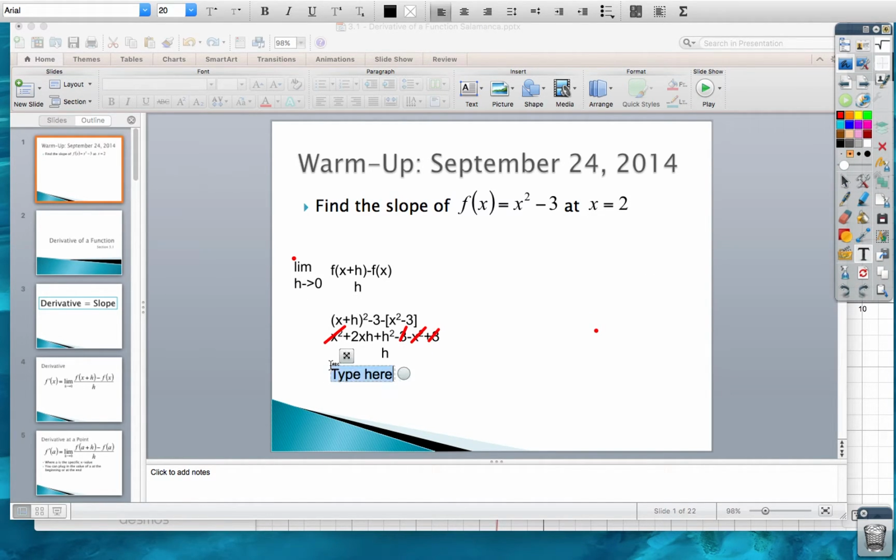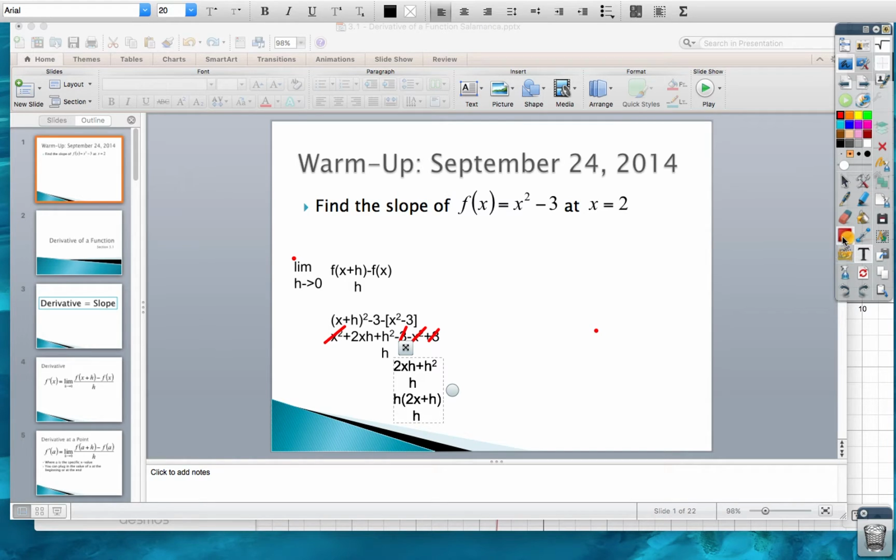and you're left with 2xh plus h squared, all divided by h. You'll notice here that the numerator has an h in common, so h times the quantity 2x plus h, all divided by h.